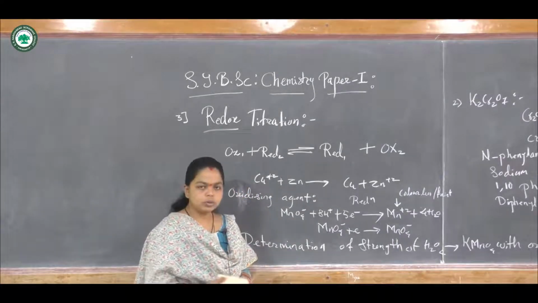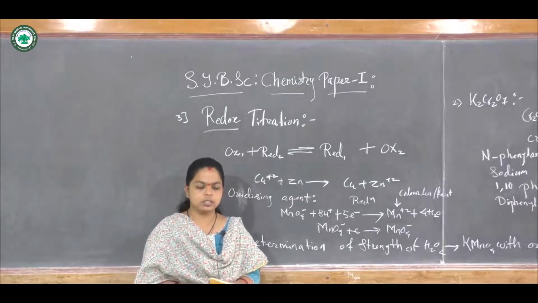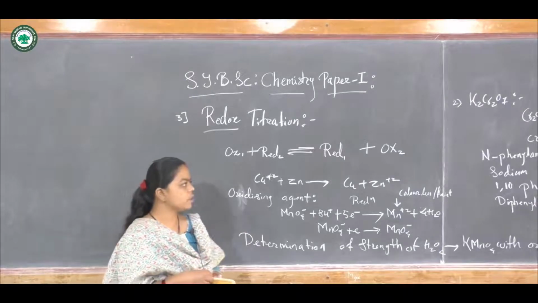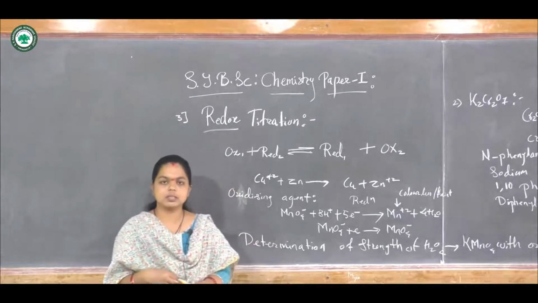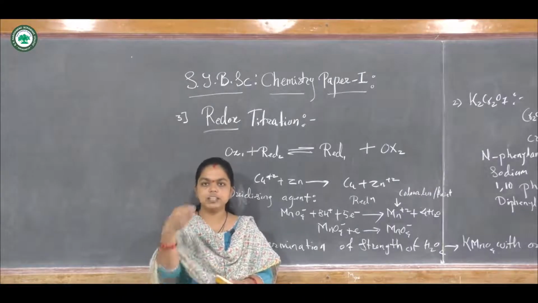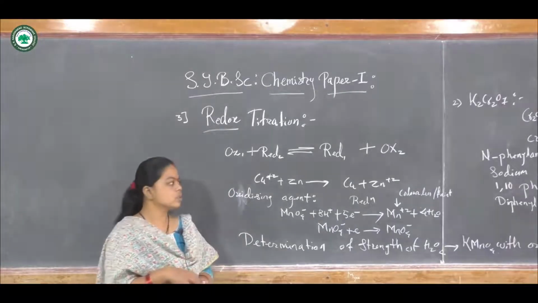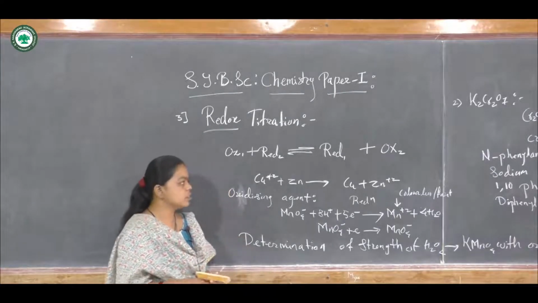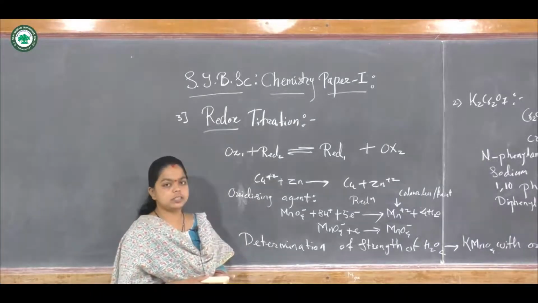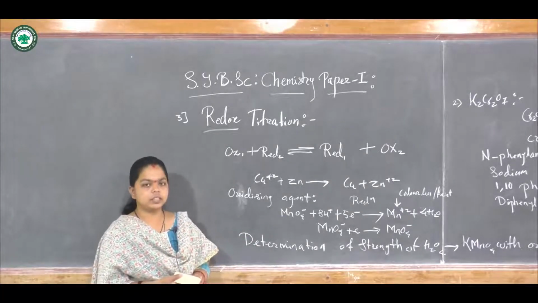Now let us see how the reaction takes place between the oxidizing agent and the reducing agent. In this type of titration, one solution, either the oxidizing agent or the reducing agent, is filled in the burette and the other is taken in the conical flask. In this example, the oxidizing agent is taken in the burette and the reducing agent is taken in the conical flask.